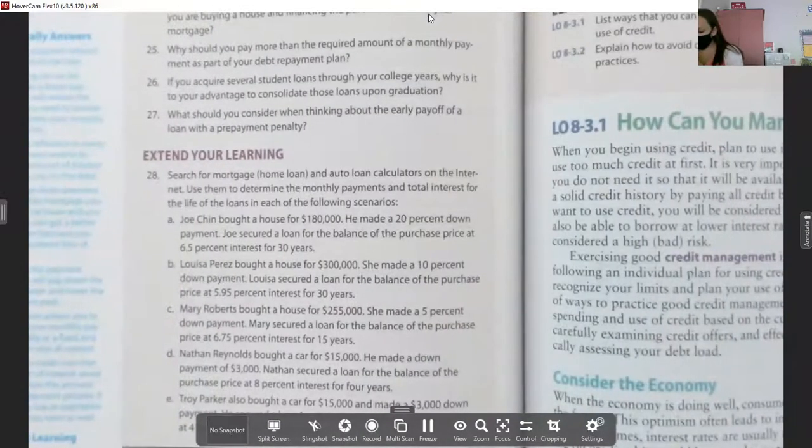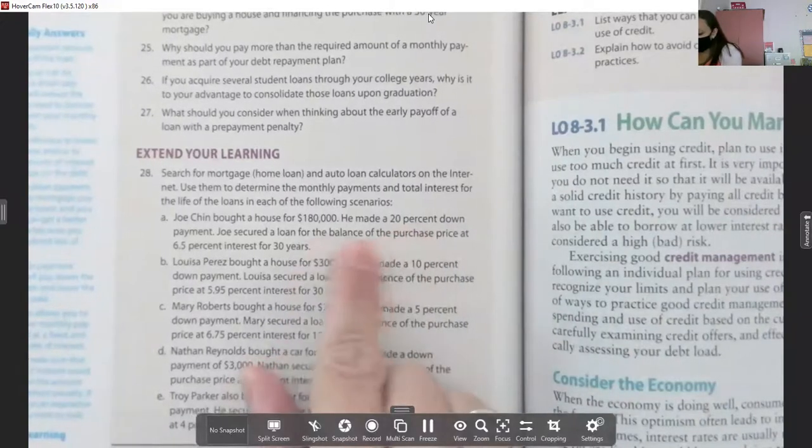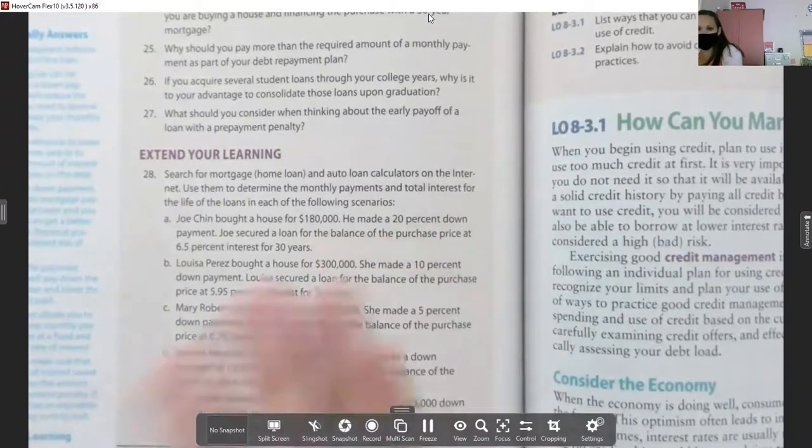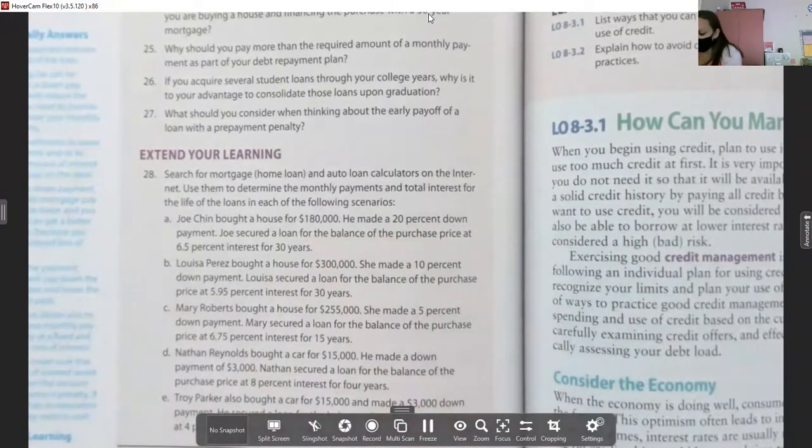So there's a couple different ways. Like here on A, John Chen bought a house for $180,000. He made a 20% down payment. He secured a loan for the balance of the purchase price at 6.5% interest for 30 years. So you can use any loan calculator you want. Some of them will calculate the down payment for you and some of them will not, so you may have to do that on your own.